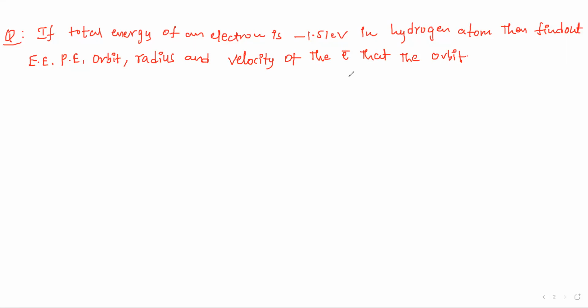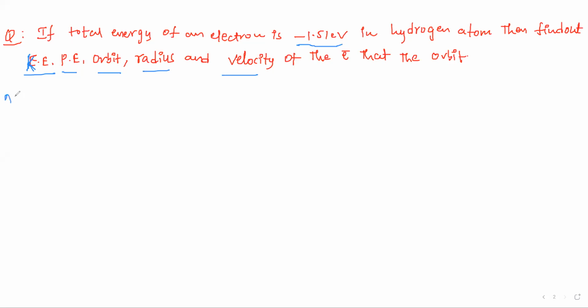Listen here. Actually, this is the question. If the total energy of an electron is minus 1.5 electron volts in a hydrogen atom, we have to find out the kinetic energy, potential energy, and the orbit, radius, and velocity of the electron.